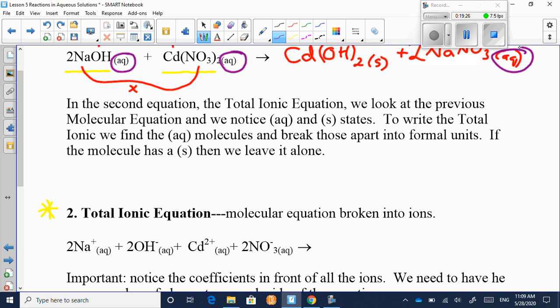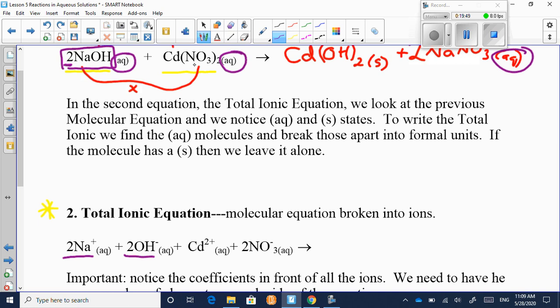So look what happens when I go to write sodium hydroxide. The 2 out front applies to both the sodium and the hydroxide. So I'm going to put the charge in there: 2 Na+ aqueous and 2 OH- aqueous.